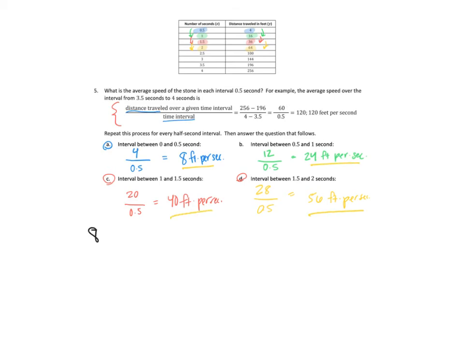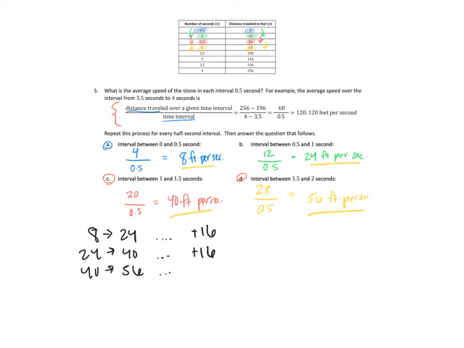We have 8 to 24, 24 to 40, 40 to 56. What are we increasing by each time? Well, to go from 8 to 24, we increase by 16. To go from 24 to 40, we increase by 16.